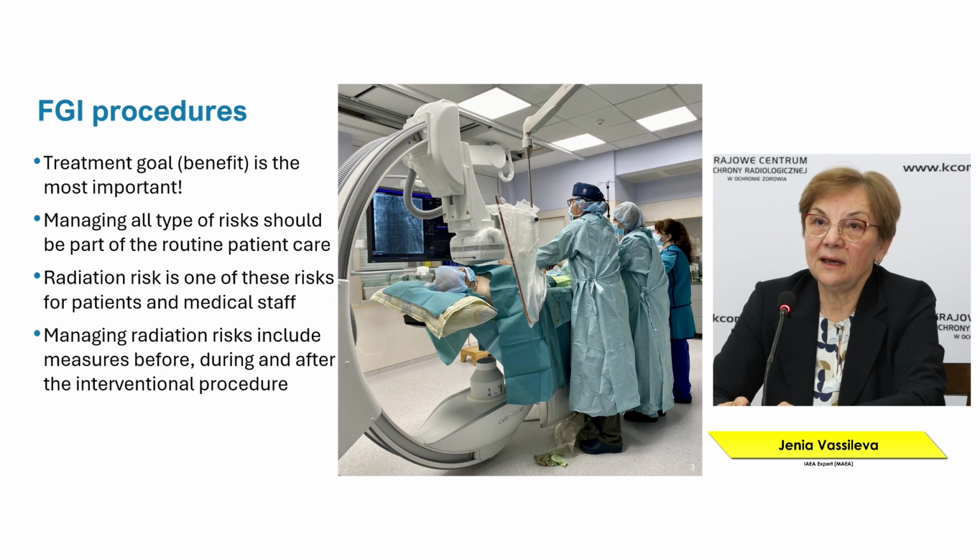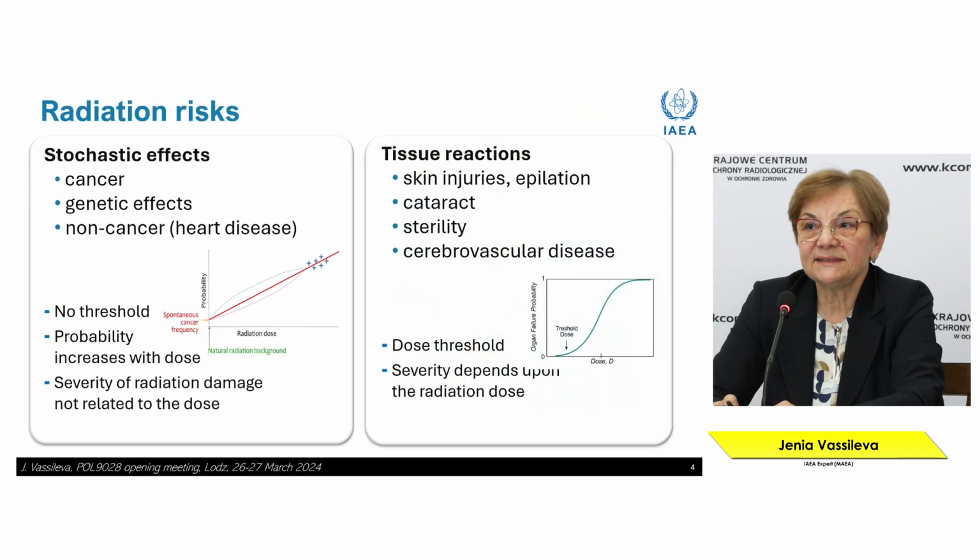So there are measures that can be applied before, during, and after the interventional procedure to reduce risks to patient and to medical staff. I'm not separating them because they are very much linked to each other.